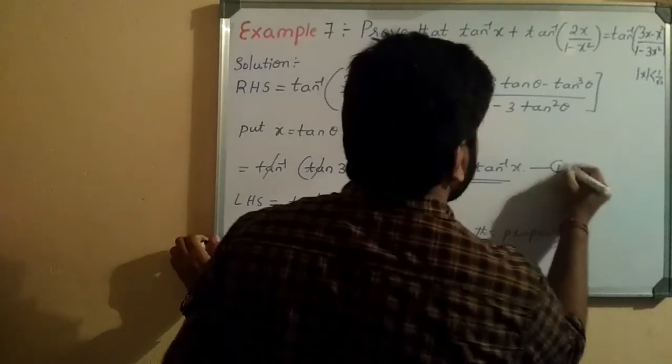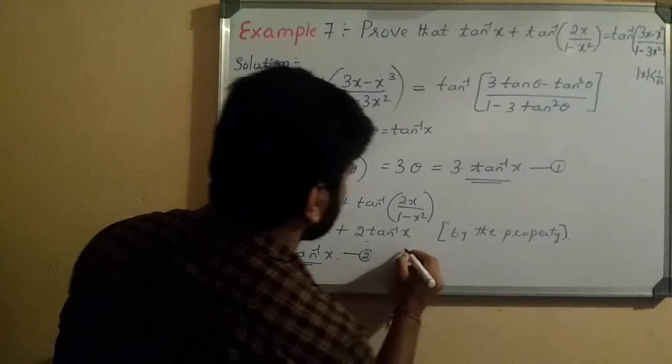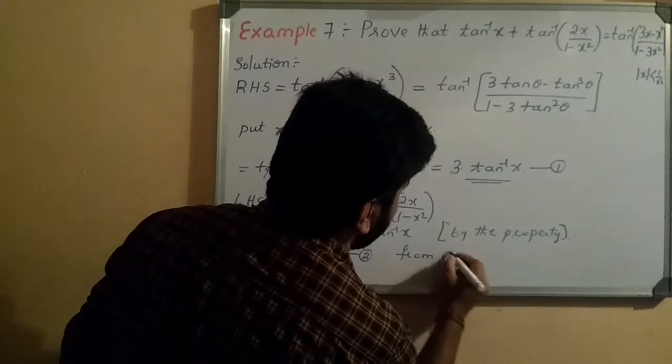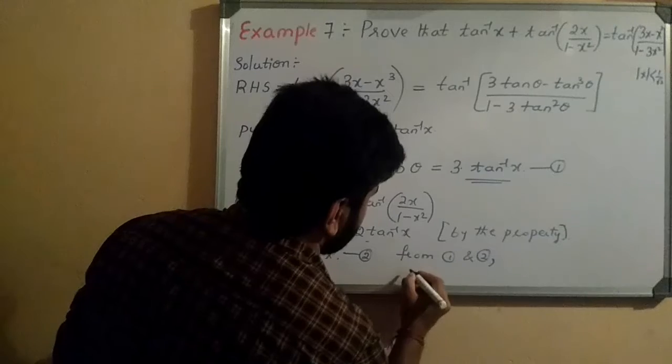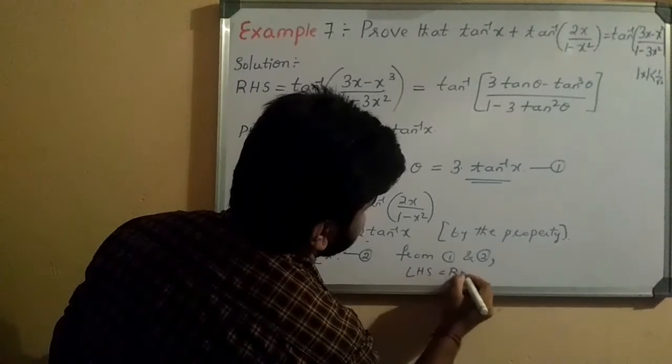So this you take as 1 and this is 2. From 1 and 2, LHS is equal to RHS.